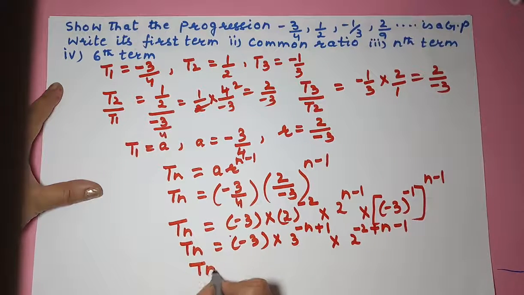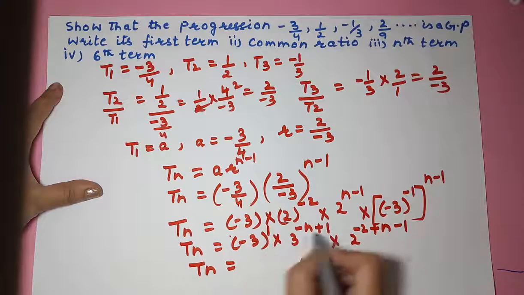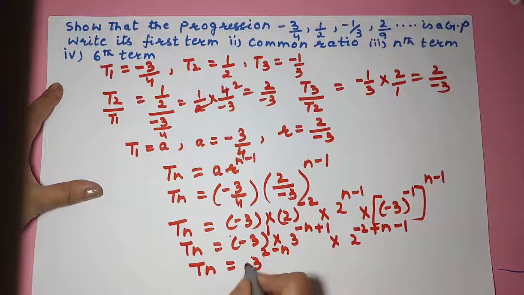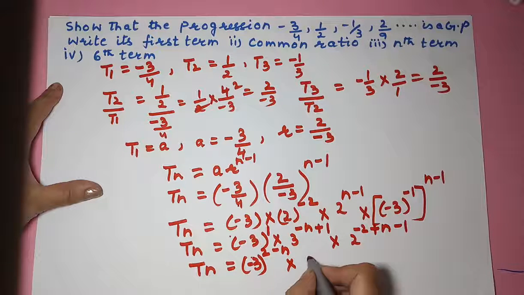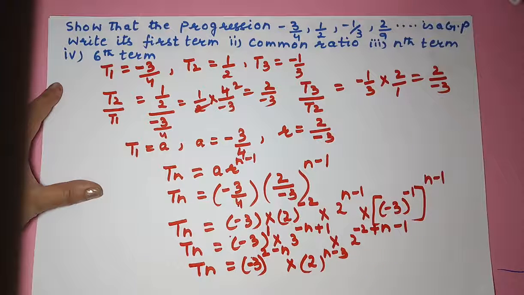So my Tn is equal to, if I combine this, what do I get? The power of 3 is 1 minus n minus 1, so this will be minus 3 raised to 2 minus n. Here it will be 2 raised to n minus 3. Fine. But in the power of 3 I still have this n as negative.